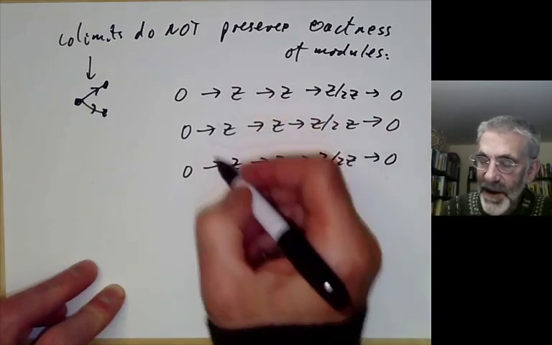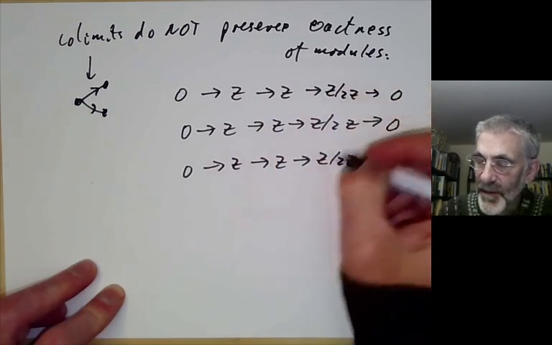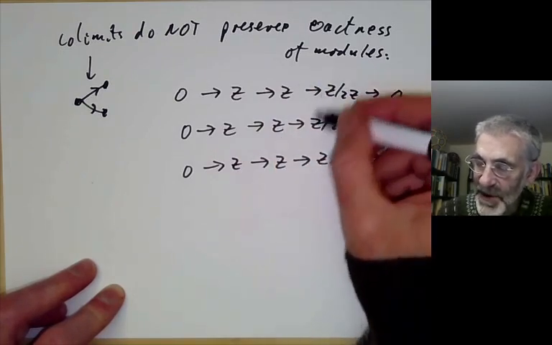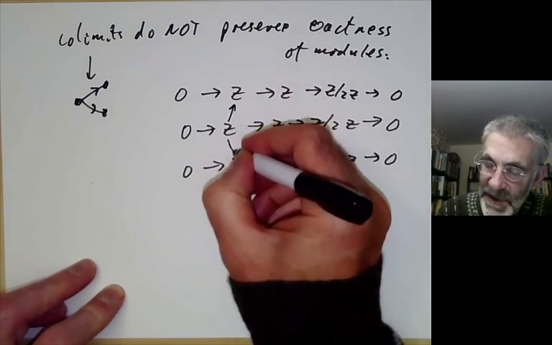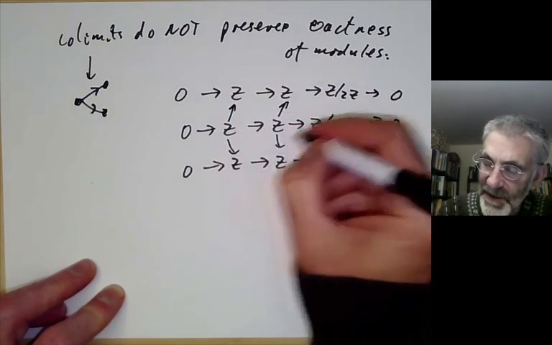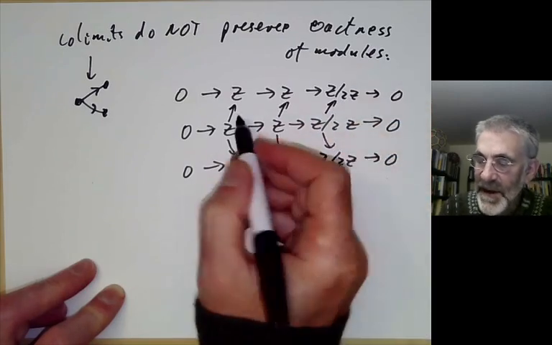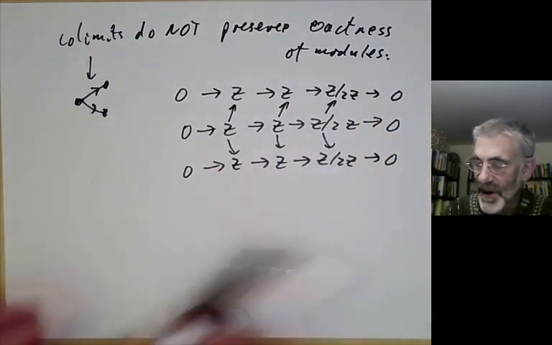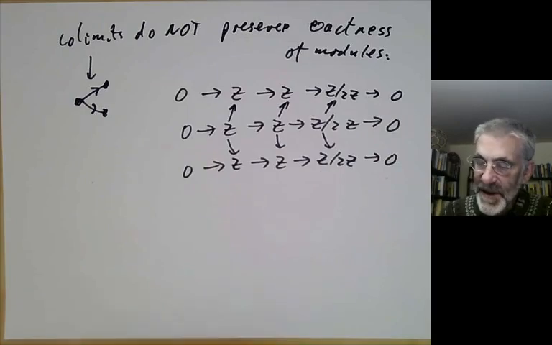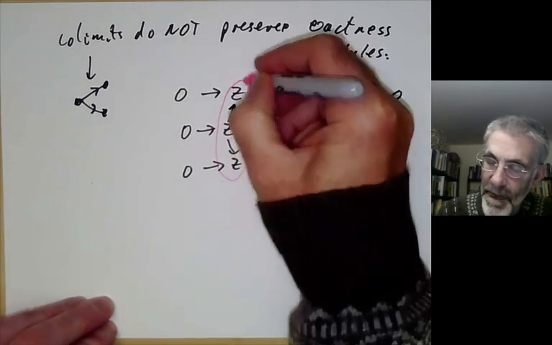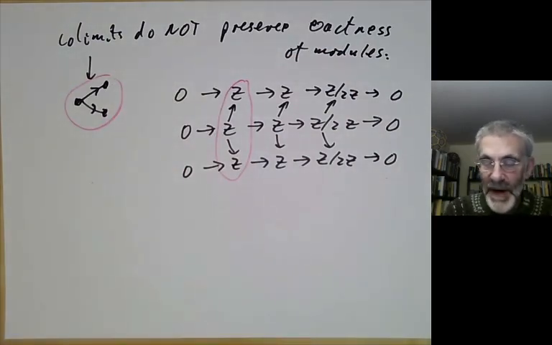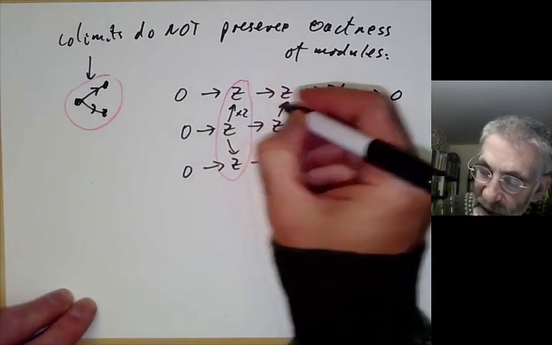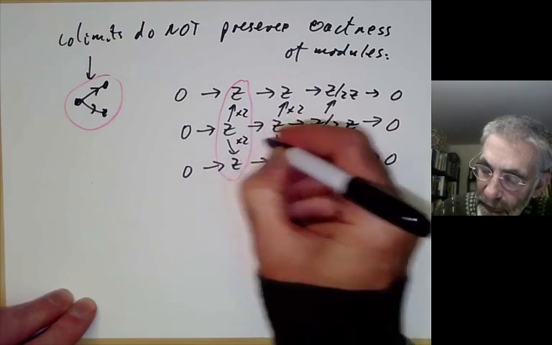And now I want to take a push-out of each of these columns. So what I'm going to do is have maps going like this. Notice that these maps here are going upwards and these ones are going downwards. So each of these three groups is a push-out diagram of this form. And this map is going to be multiplication by 2.